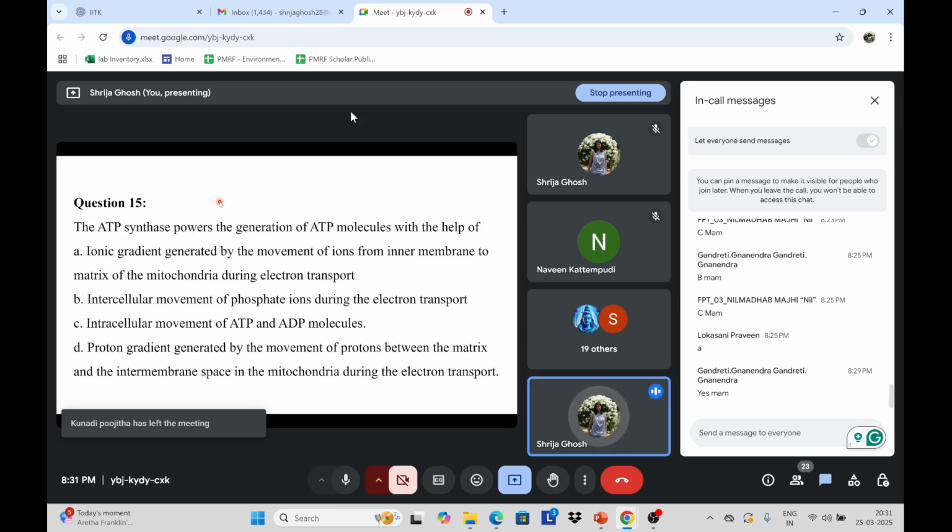Come on, write your answers in the chat box. How is ATP synthase generating the ATP molecules?